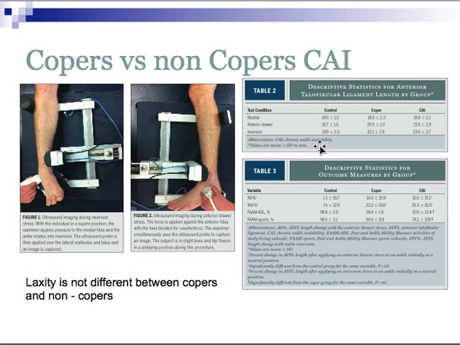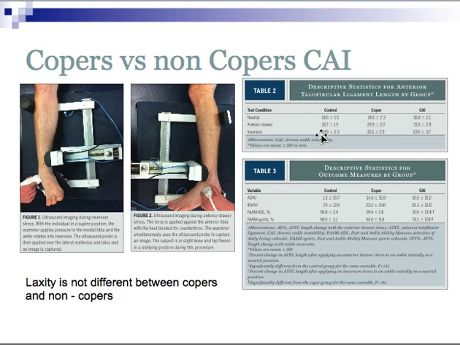And so if you study this data, what you notice is that in the one set here, they're looking at functional scales. So if you look here at the functional scales and compare what they're calling copers and non-copers.